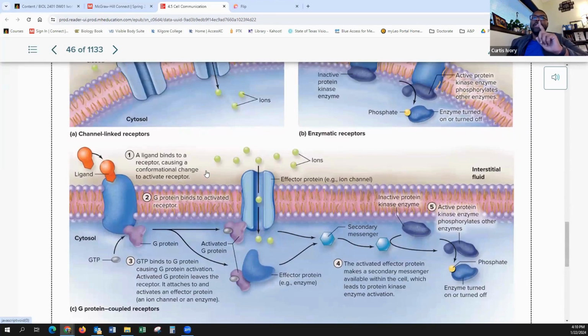But down here in the G protein, which I think is very, very interesting, in the first part you see the ligand coming in and binding to the receptor. And then that G protein connected on the other side is going to go over to the channel and unlock it.